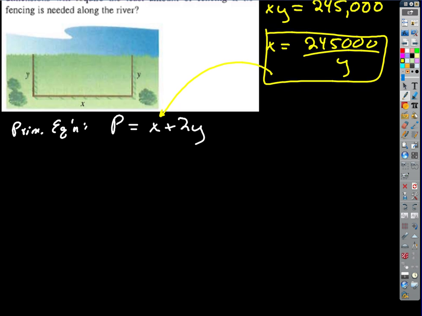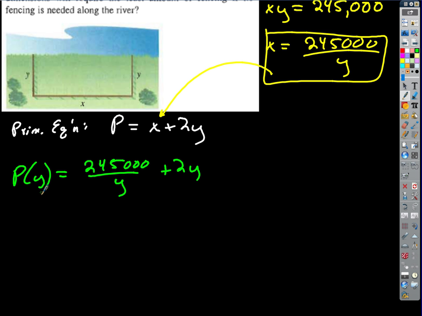And so then we end up with P equals, now written in terms of y. So we can write this as P of y.